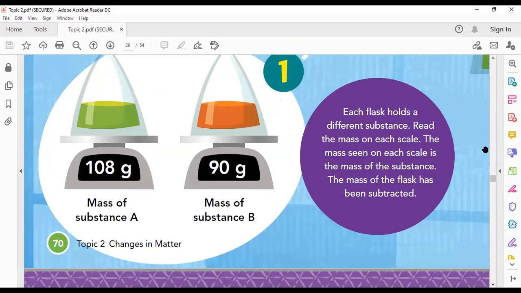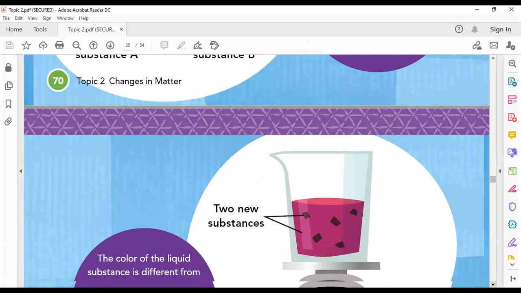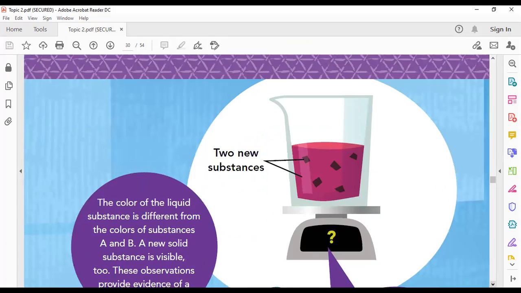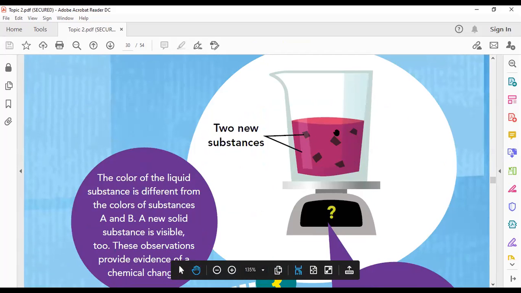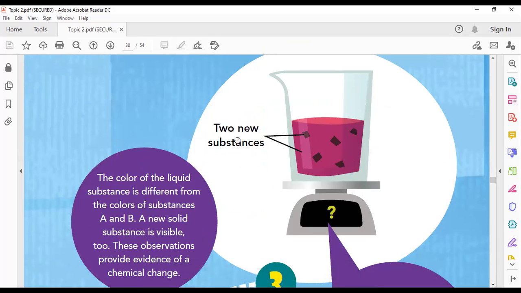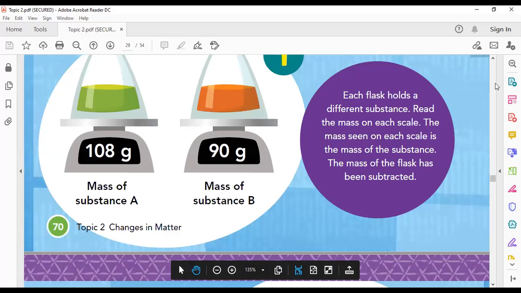Notice that in step 2, we mix the two substances, A and B, and they react with each other. They form two new substances. The color of the liquid substance is different from the colors of substances A and B. Substance A is green and this is red.